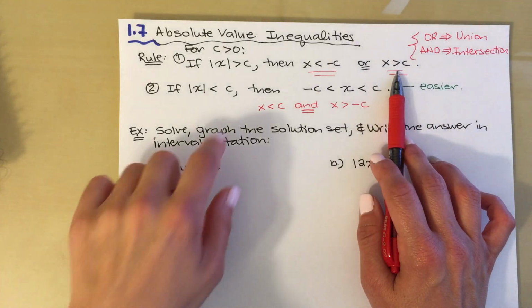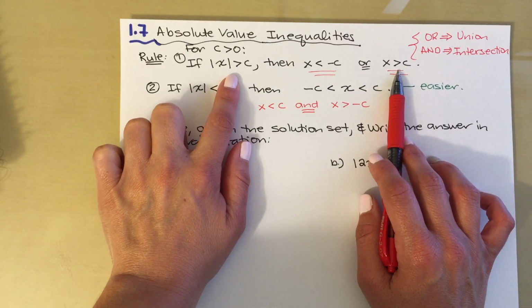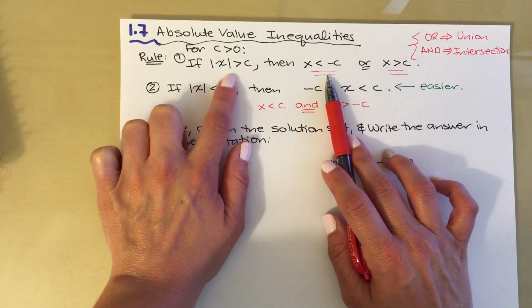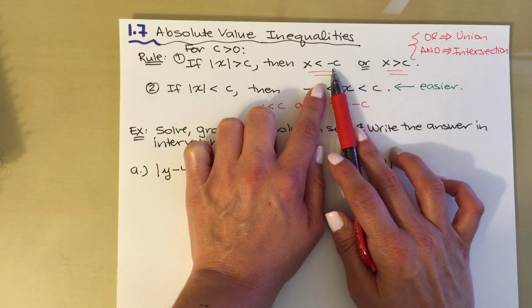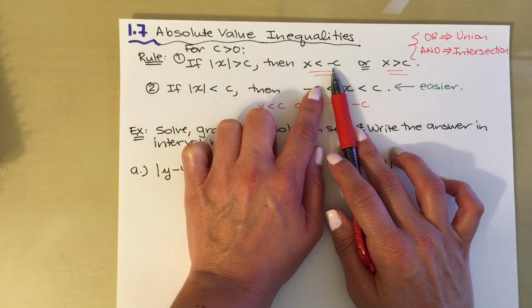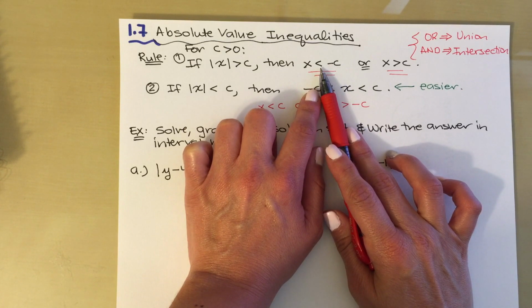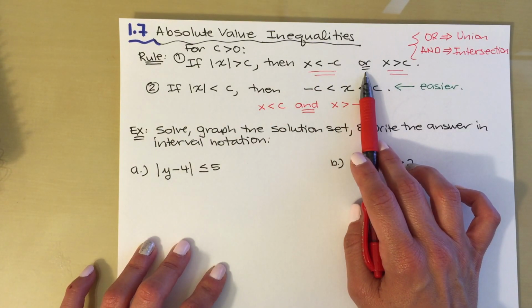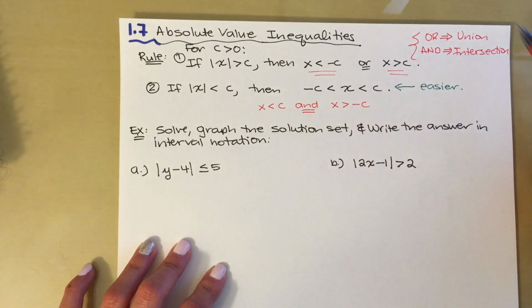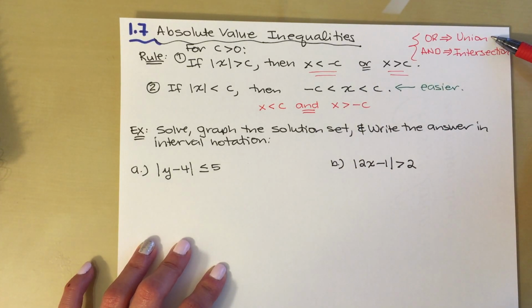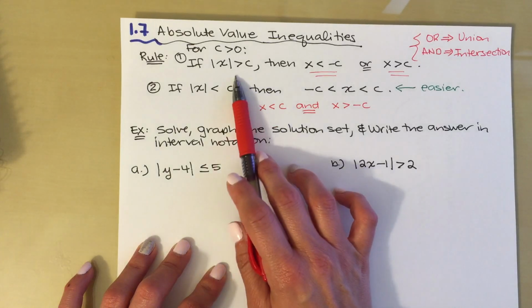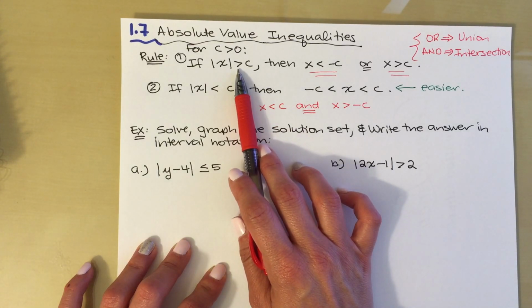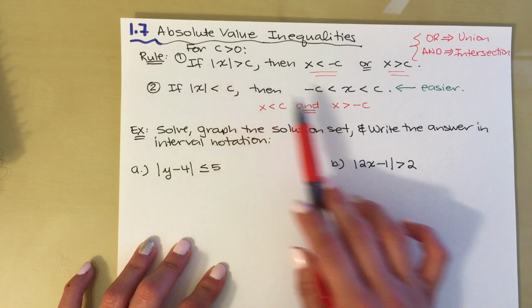The first inequality you get is the same as what you have. And the second one, you're going to change the sign, make that negative, and change the inequality. And you're going to connect these 2 with the word or. If you remember, or means union of sets. So for a situation where we have greater than, it's going to be a union or an or.